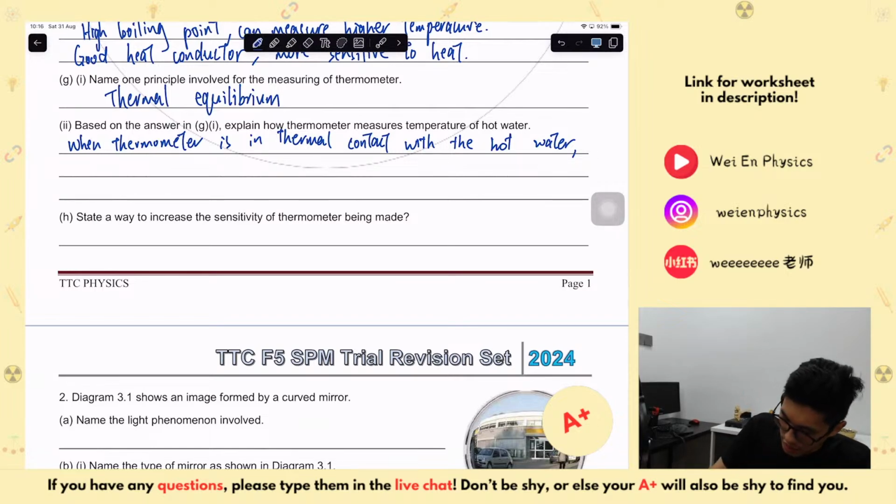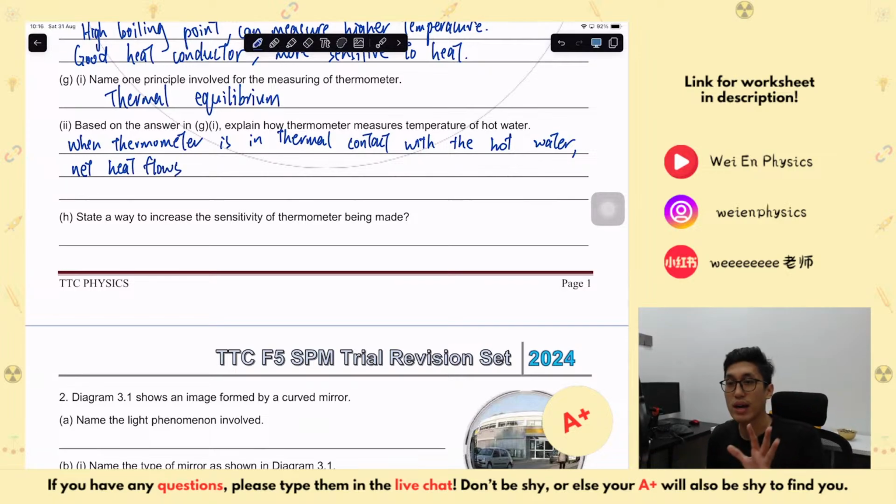Then you say net heat flow. Why net heat flow? Why don't just say heat flow? Because actually the hot water transfers heat to the thermometer, and the thermometer also will transfer heat to the hot water at the same time.